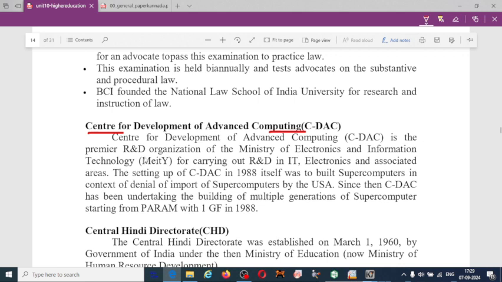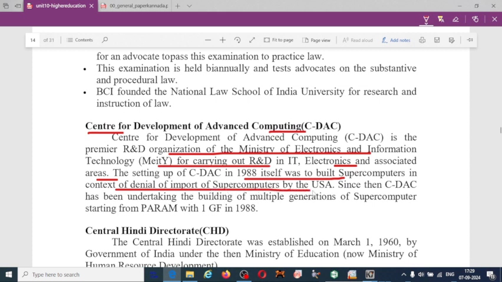It is the premier research and development organization of the Ministry of Electronics and Information Technology for carrying out research and development in IT and electronics associated areas. CDAC itself was set up to build supercomputers after denial of important supercomputers by USA.